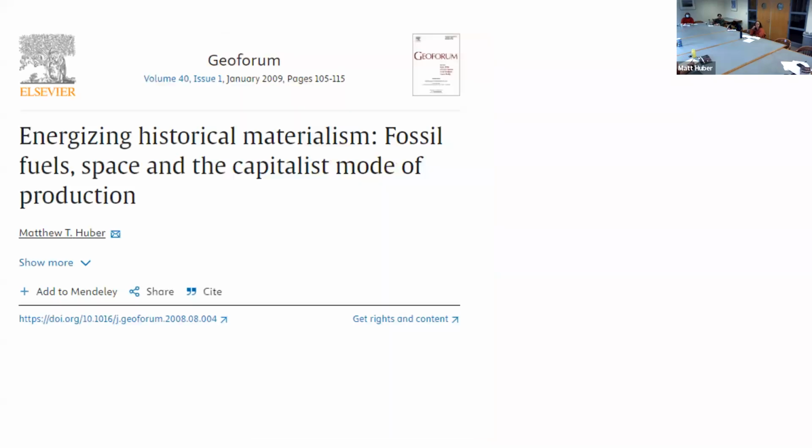I hate to do self-aggrandizement, but I also tried to make an argument many years ago, 14 years ago, about why fossil fuels are, as I called it, historically specific and necessary to the capitalist mode of production. It's a geography journal, so I brought in space. But I think Malm's argument's better, so credit to him.